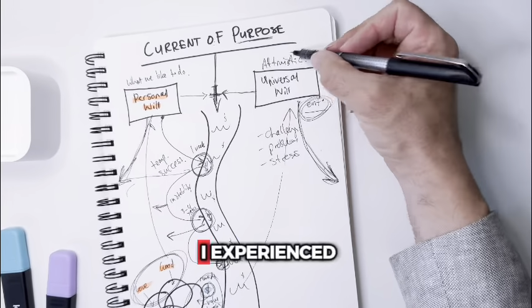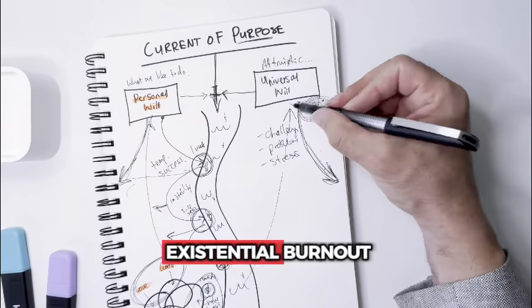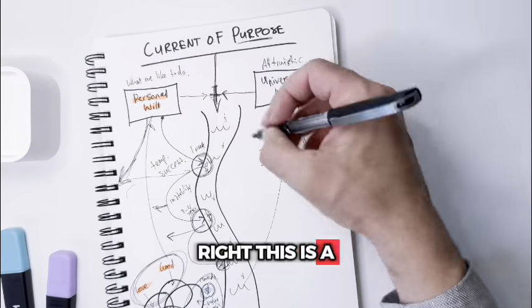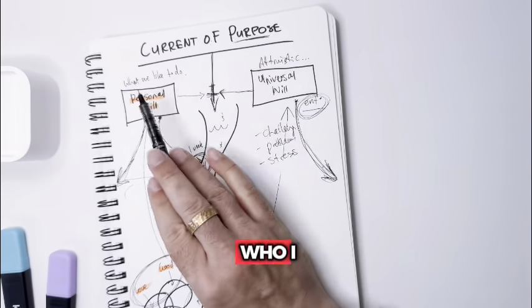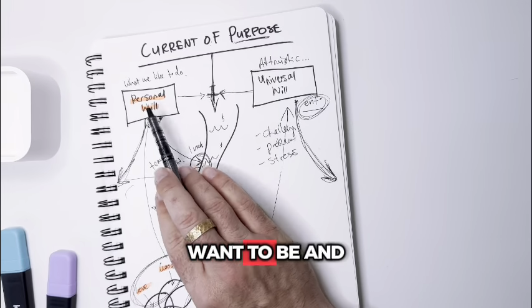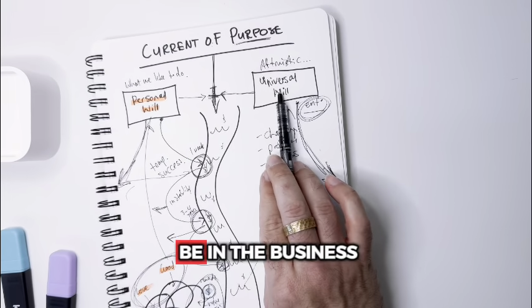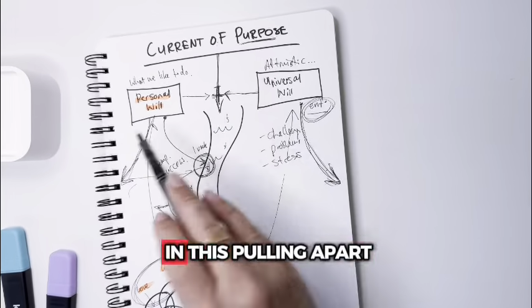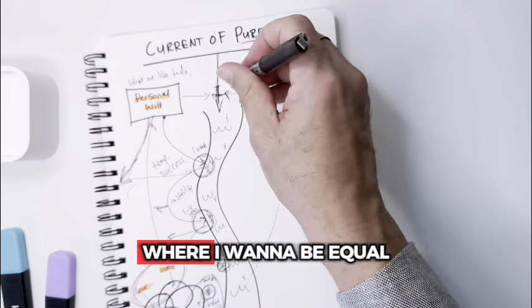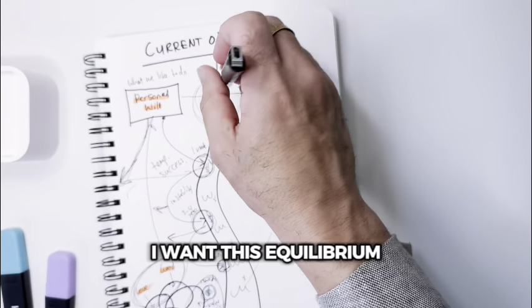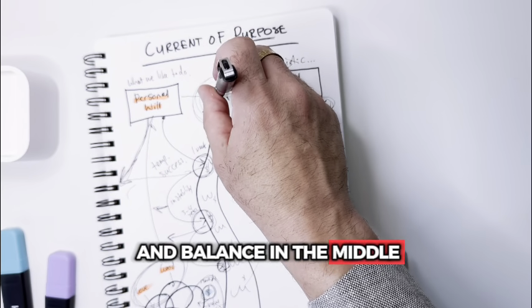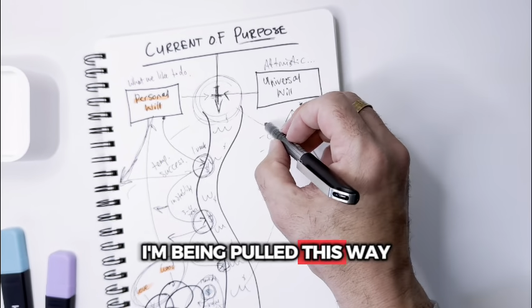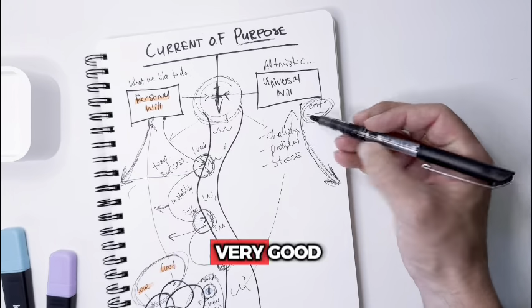So this is something I experienced, and I call this existential burnout, right? This is a form of burnout where who I want to be and who I need to be in the business was too different. It was really distinct in this pulling apart where I want to be equal. I want this equilibrium and balance in the middle. I'm being pulled this way, and that doesn't feel very good.